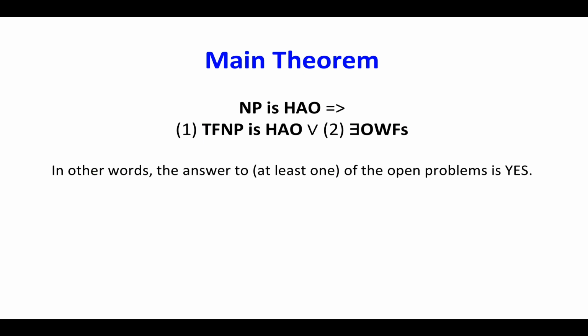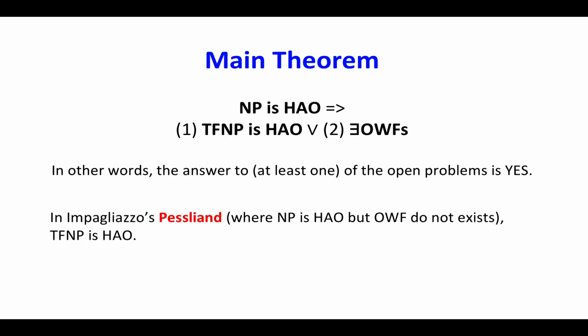Another way of stating this is in the language of Impagliazzo. Impagliazzo considered various different possible worlds out there, and one of them was called Pessiland. Pessiland, according to him, was the worst of all possible worlds, at least in complexity theory. Pessiland is a world where NP is hard on average, meaning that if we would like to solve these NP problems in real life, we cannot expect to have general purpose algorithms that do well, and in general, it's going to be hard.